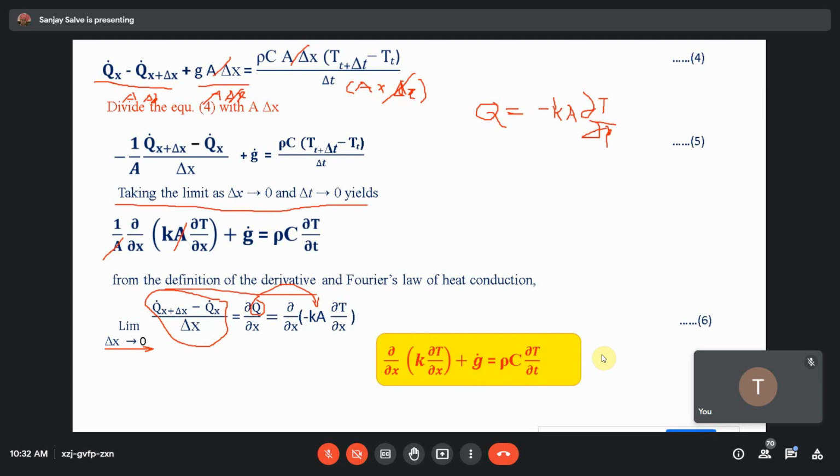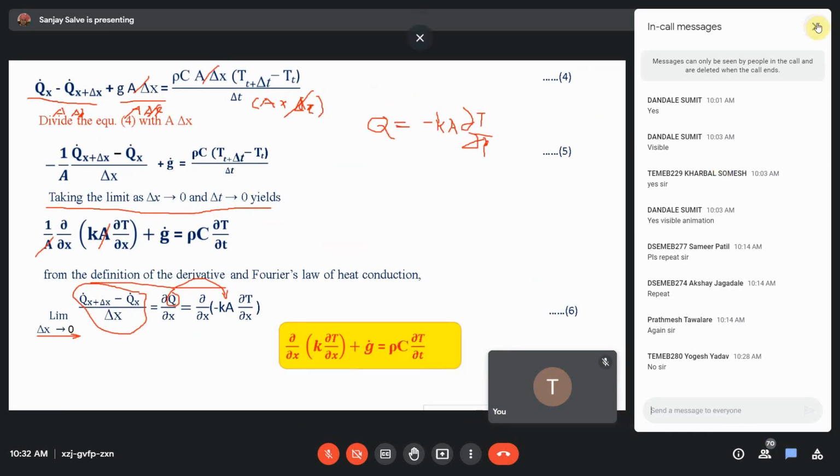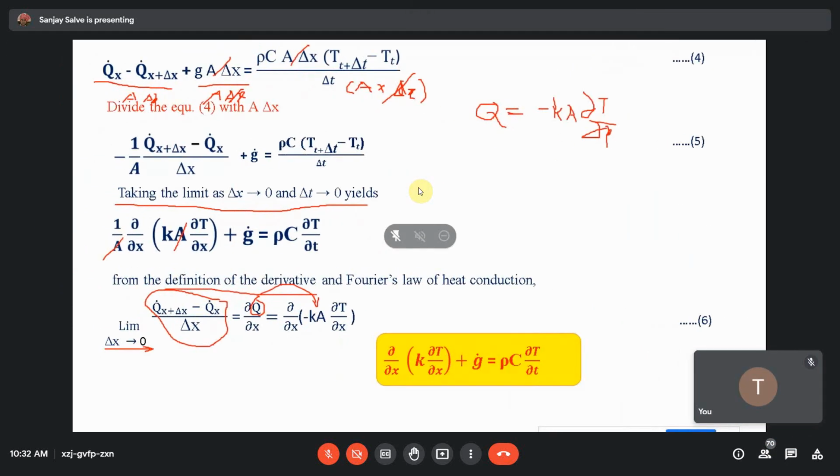Any doubt with this equation? Any objection? All of you? Understand?